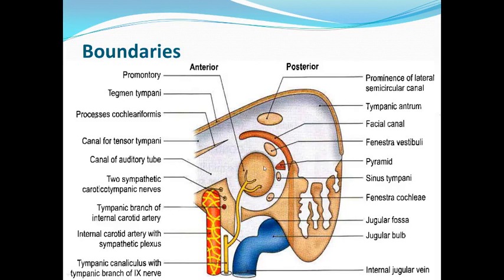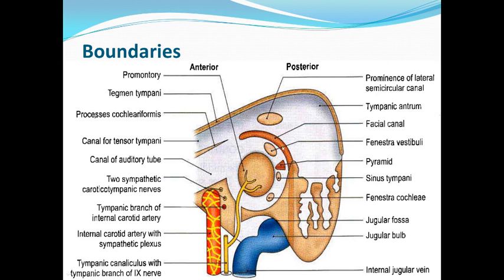So lateral to this pyramid there is a canaliculus known as the posterior canaliculus, and this posterior canaliculus is the way for the chorda tympani nerve, which enters the middle ear cavity through it.